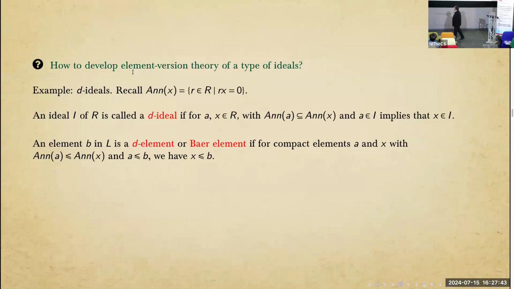It is also called a Baer element, because it was studied for Baer rings and then generalized to multiplicative lattices, where they termed it a Baer element. We also did some study on these d-elements or Baer elements very recently.